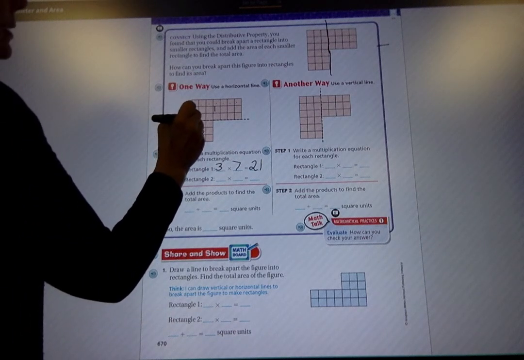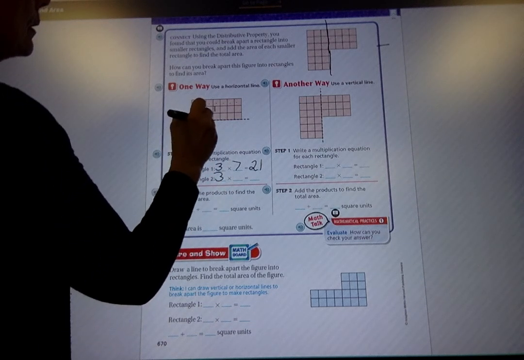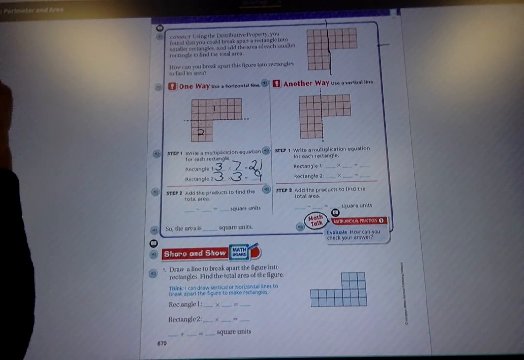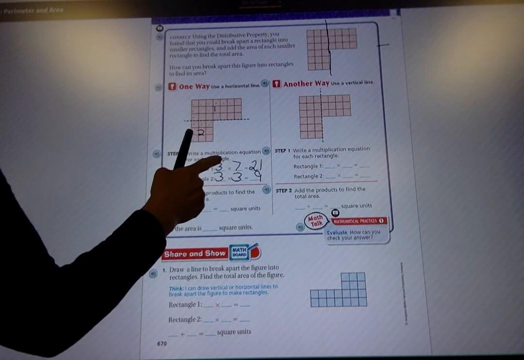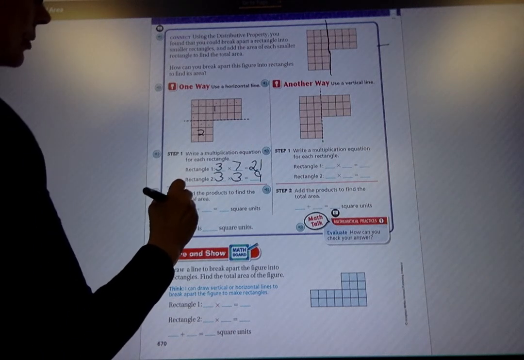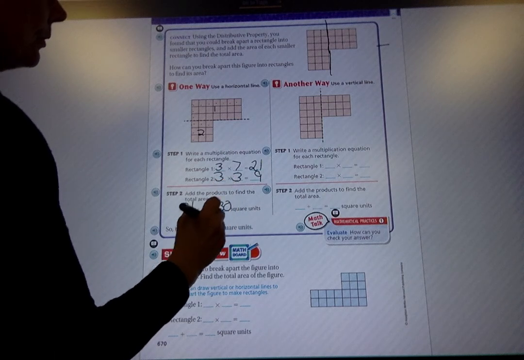And that one is 3 by 3, so that's 9. Add the products. These are our products, the answers to our multiplication, 21 plus 9, and we get 30 square units.